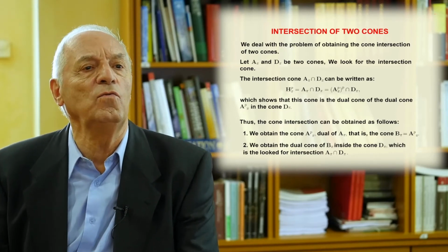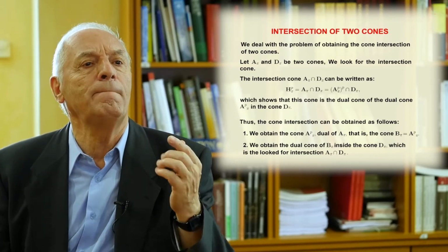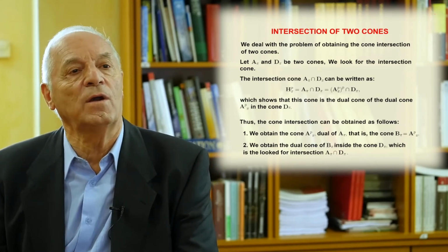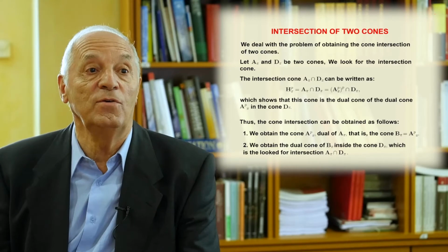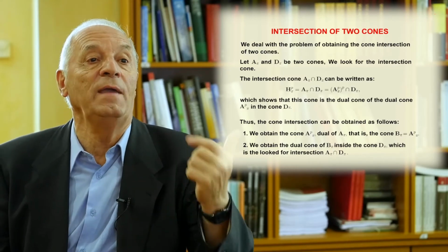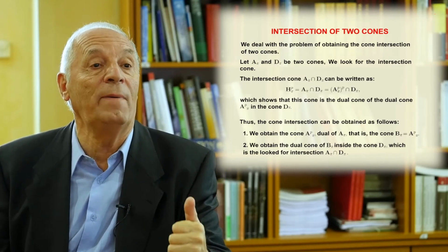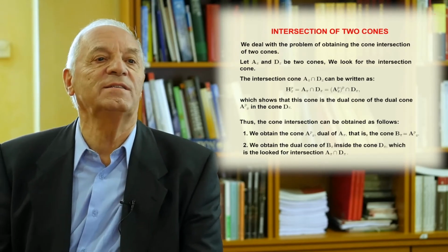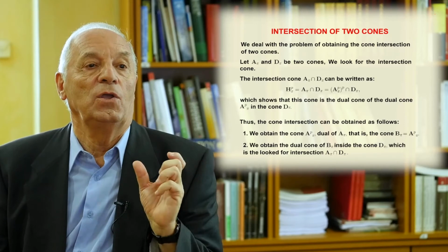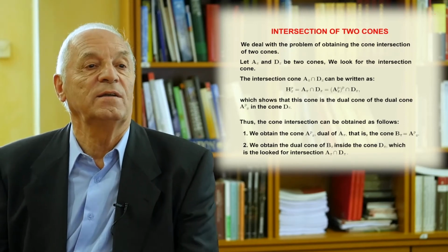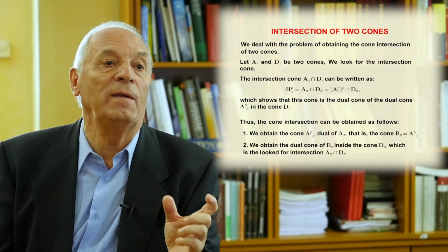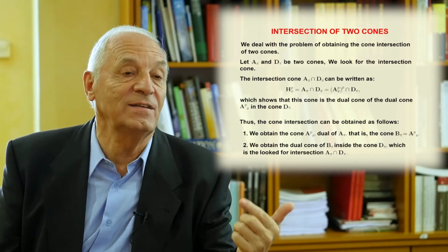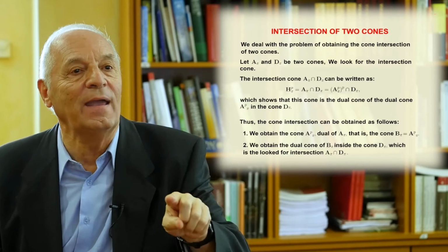What you need to do is first obtain the polar of the cone A pi, and then you obtain the polar of that subspace in D pi. That means that you use the algorithm twice. The first time to obtain the polar of A pi, and the second to obtain the polar of that subspace in D pi.